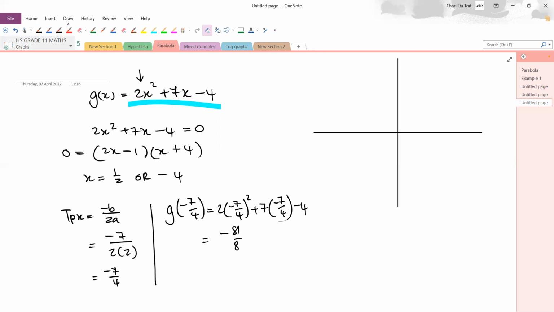So I have a turning point with a negative x value of -7/4. That's very small, like not even -2, and then -10. So it's there somewhere. I have a smiley face because that value is positive. So my graph would look like that.